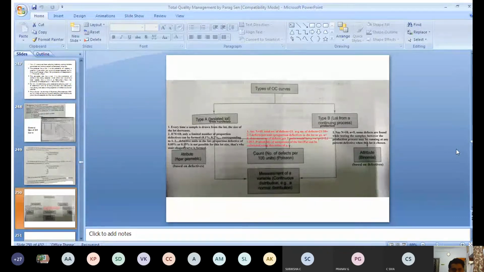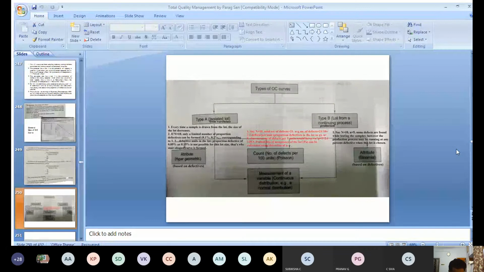That means suppose from your production process you have produced some items and you have stored those items in the warehouse, and there is no guarantee when you will be picking up those items and dispatching, delivering those items to your customer. There is no guarantee that you will pick up the item first that was produced first. So there is no such guarantee.